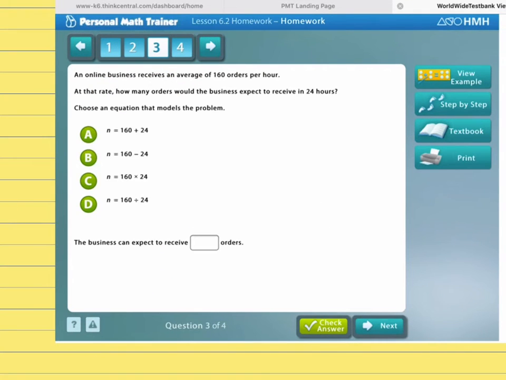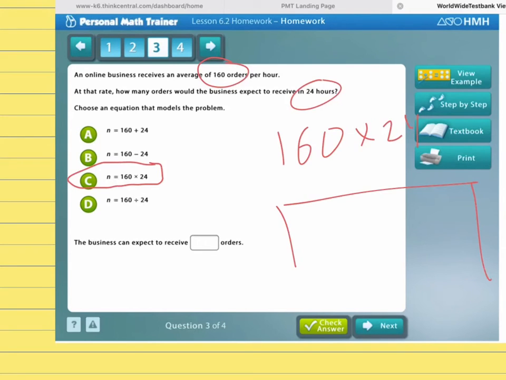All right, again, we're looking at a solution equation. If they get 160 orders per hour and they work for 24 hours, that's just going to be 160 times 24. So the solution equation is going to be C, and we simply multiply 160 by 24. Now I'm going to use my favorite place value section model for this.